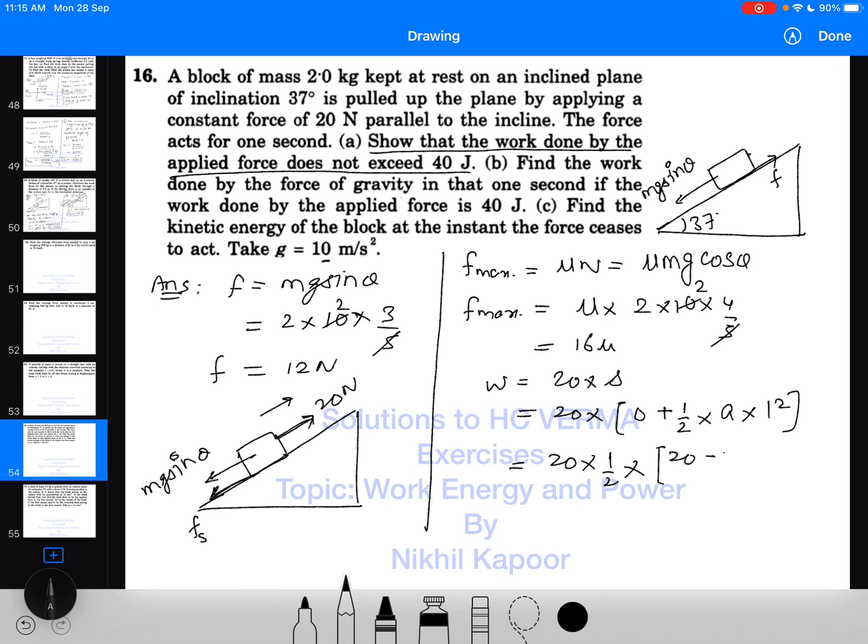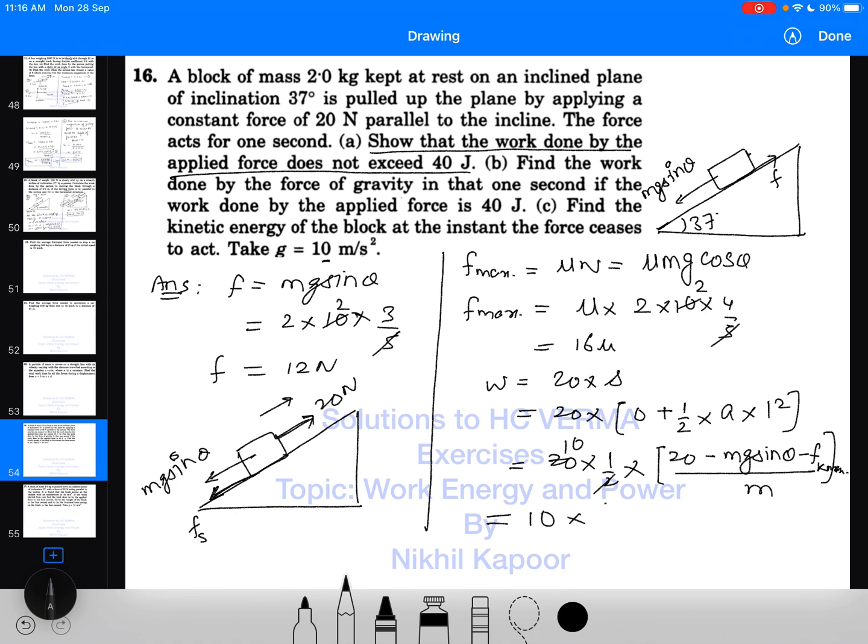So it would be 20 minus mg sine theta minus maximum value of static friction, that is net force upon net mass. Okay, so this should be maximum value of static friction, kinetic friction. So now it will be 10.